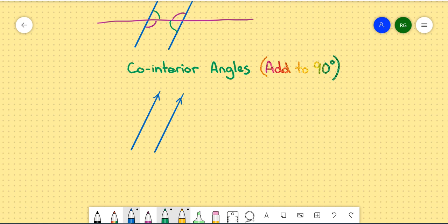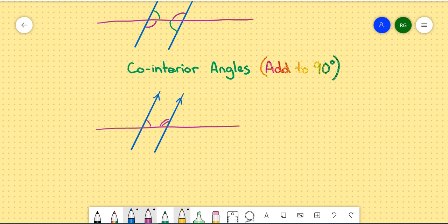And then finally, we're going to look at co-interior. Now, as it says, these ones add to 90 degrees. So this angle and this angle, they are not the same. So I'm going to symbolize that by putting two curves on one of them and one curve on the other. But what I do know is that I've made a mistake.